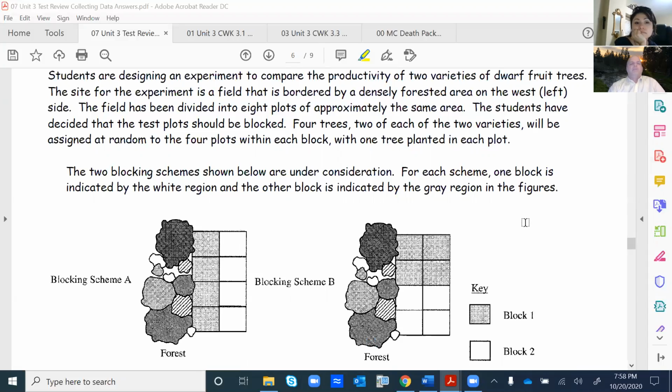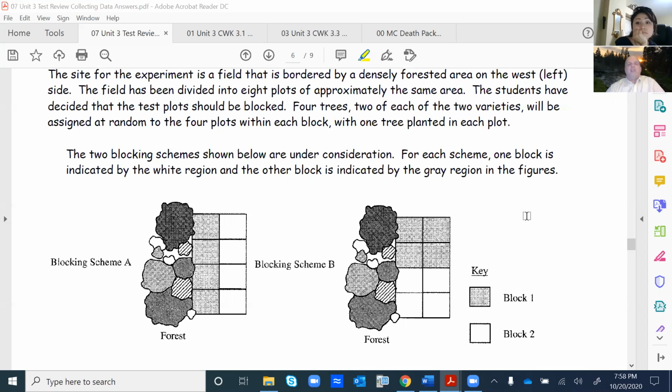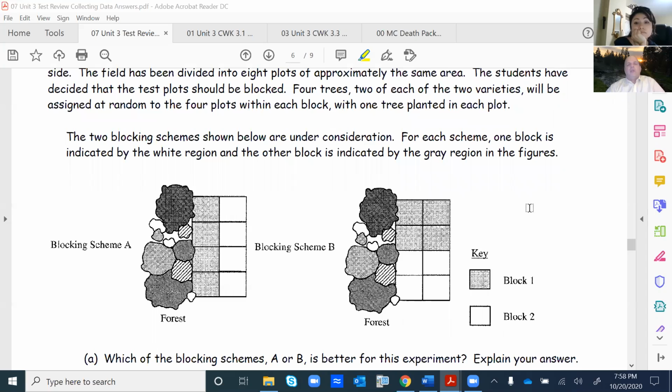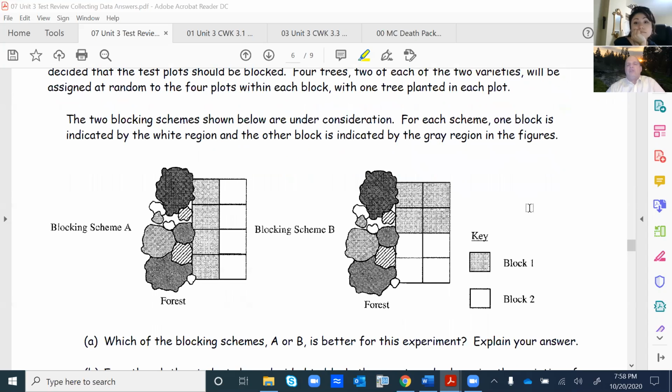So the field has been divided into 8 plots of approximately the same area. 2 blocking schemes shown below are under consideration. For each scheme, 1 block is indicated by the white region and the other block is indicated by the gray region in the figures. It doesn't really matter as to the white and gray, that's just the way they block. So here's a block and here's a block.